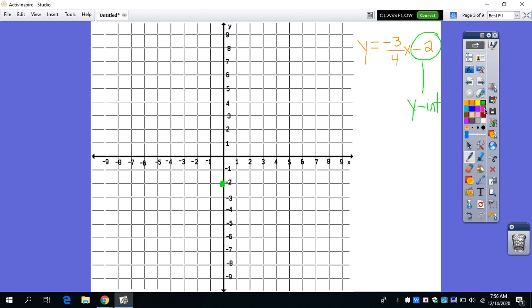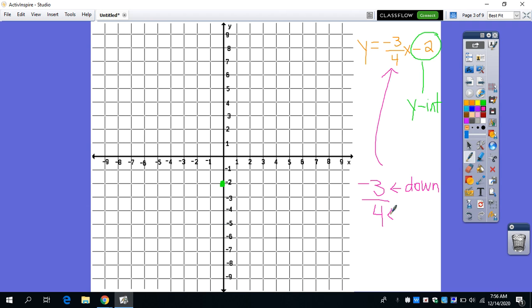Okay? And then my slope is going to tell me if I'm going up or down. So this time it's negative. So this time, since it's a negative slope, this means I'm going to go down 3. So 1, 2, 3.